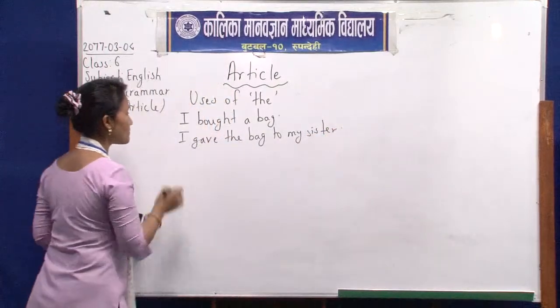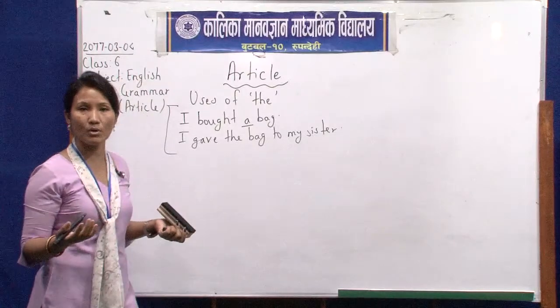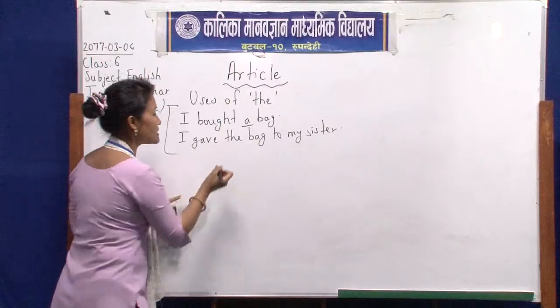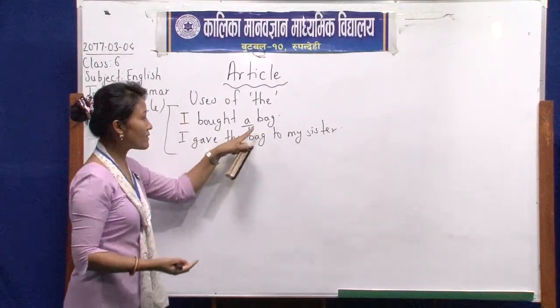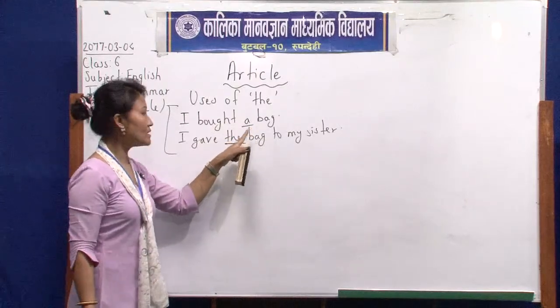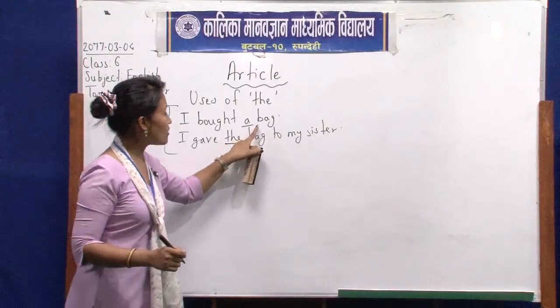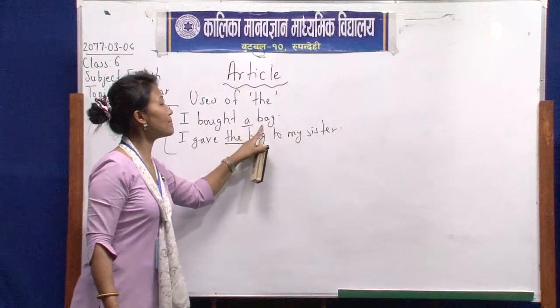Now, see here, I bought a bag, one bag I bought. Now, I gave the bag, means the same bag which I bought. It is already mentioned in the previous sentence, right? So we are going to use the, because the noun is being repeated again. We are talking about the same bag.